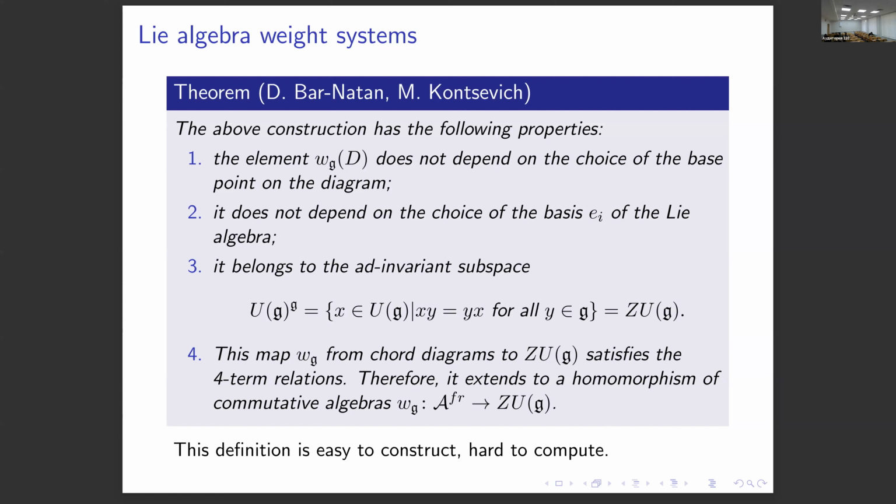The result is in the universal enveloping algebra of g. Actually, it belongs to the ad-invariant space, which is the center of the universal enveloping algebra, which is a polynomial algebra. And the most important thing is that this weight system vanishes on the four-term element, which means it satisfies the four-term relation, so it is really a weight system.